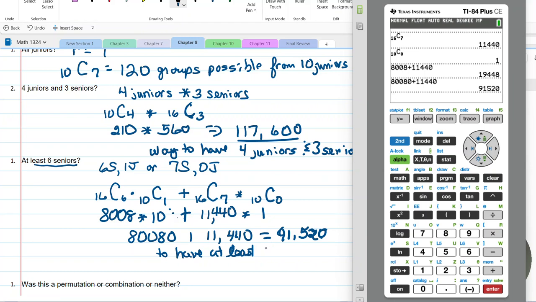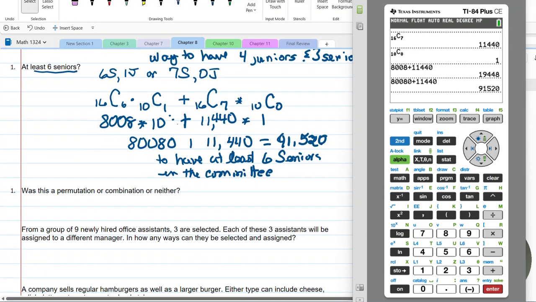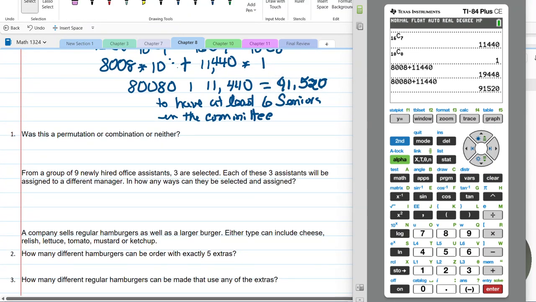At least 6 seniors in the committee. Right. Now we have this one. And this was, of course, a combination.